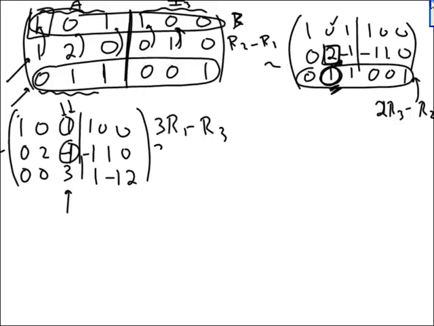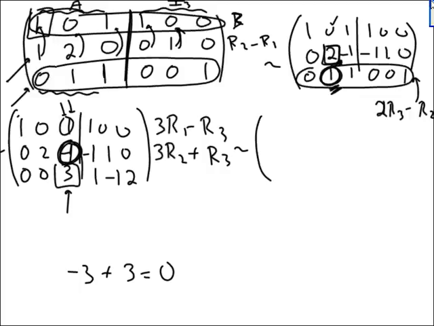Now, the negative 1. If I triple row 2, I will have a negative 3 here. If I do nothing to row 3, I will have a 3 here. If I add, then and only then do I get the result I want, namely 0. So let's see.